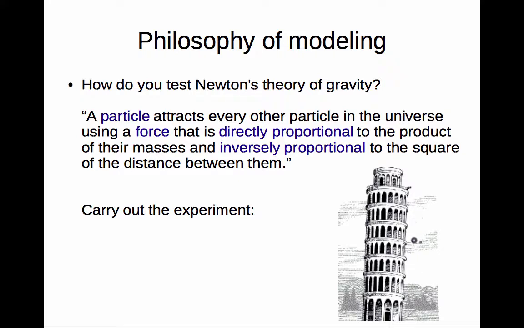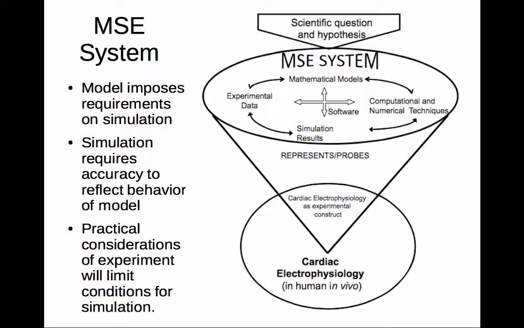So the model simulation experiment feeds on itself, informs itself, and improves its own ability to model a physical system. Our model simulation experiment system starts with a hypothesis, and then it uses the models, the simulations, and the experiments in a loop, where each model improves each simulation, improves each experiment, and the experiment data then feeds back through to improve the model or the simulation.